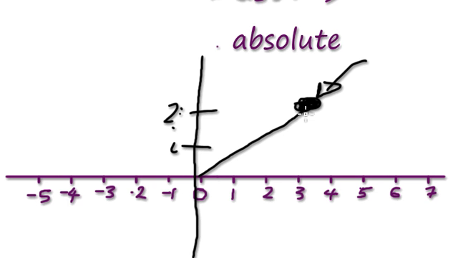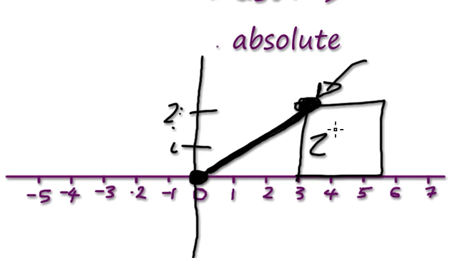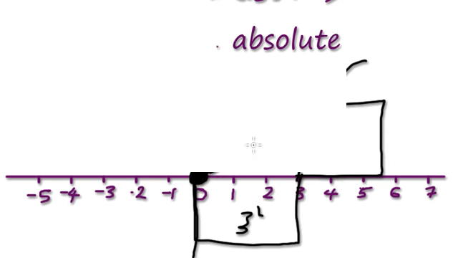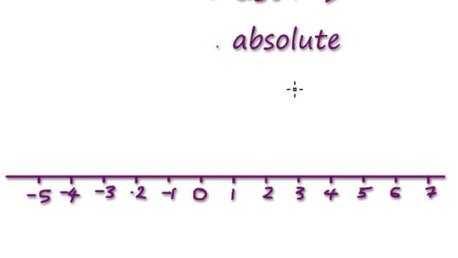The absolute value of your complex number is the magnitude, the distance from 0 to here. In which case you have to use Pythagoras, where you have 2 squared here and 3 squared here, so that you can find out the magnitude. So the absolute value is like the magnitude of wherever you are.